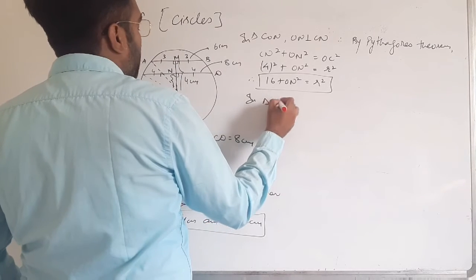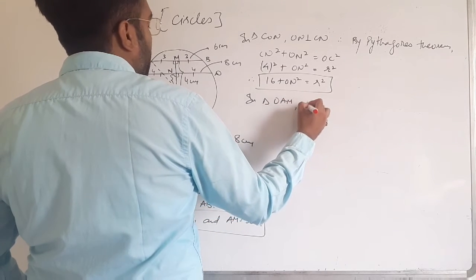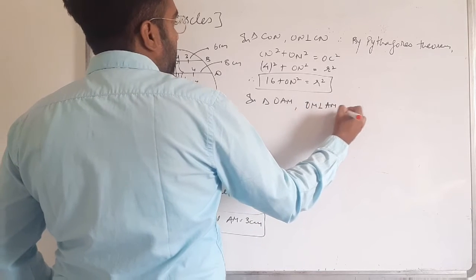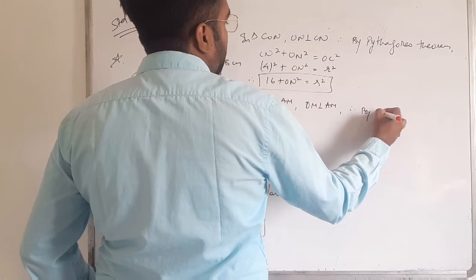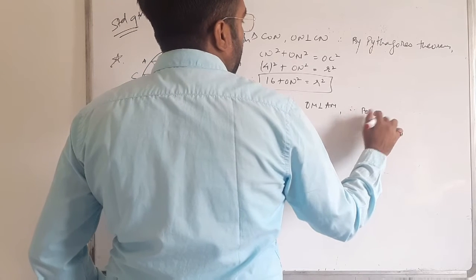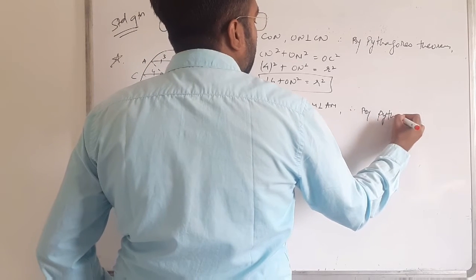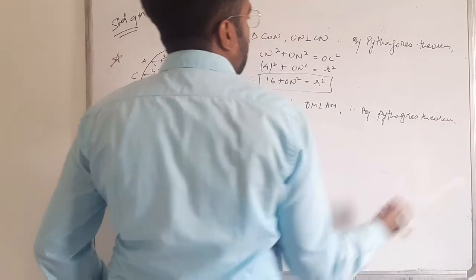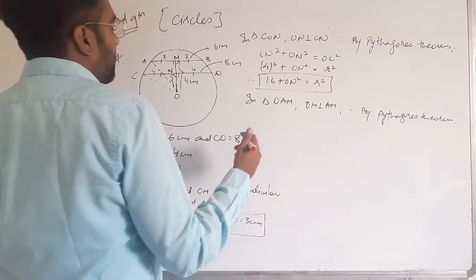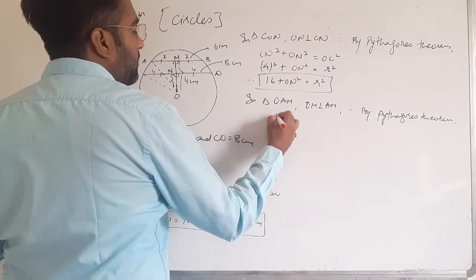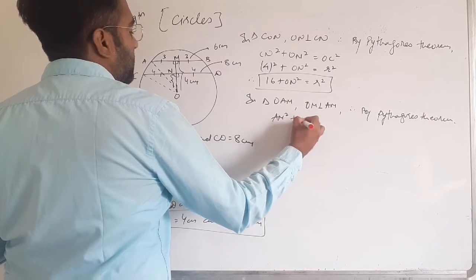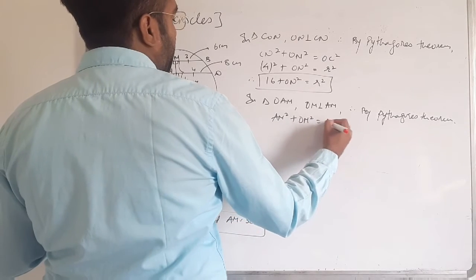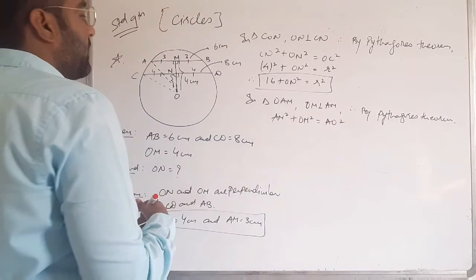In triangle OAM, OM is perpendicular to AM, so by Pythagoras theorem I should write base square plus height square equals hypotenuse square. Okay, clear?